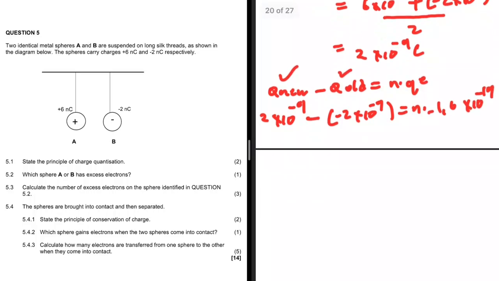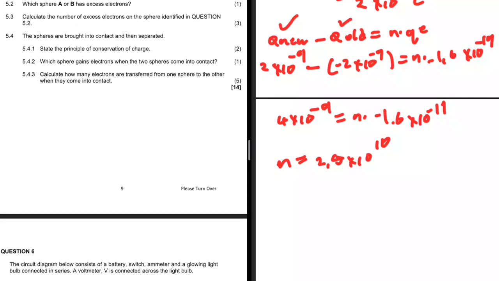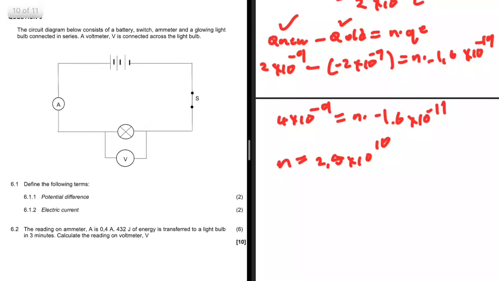So 2 minus minus 2 is going to be 4 times 10 to the minus 9, equal to N multiplied by minus 1.6 times 10 to the minus 19. We divide both sides by minus 1.6 times 10 to the minus 19, and we get 2.5 times 10 to the power 10 electrons. That is 5.4.3.